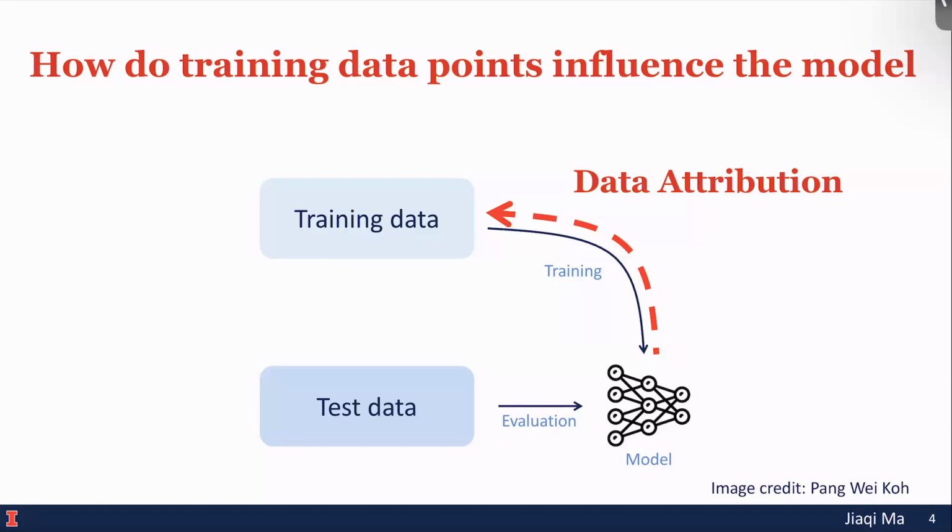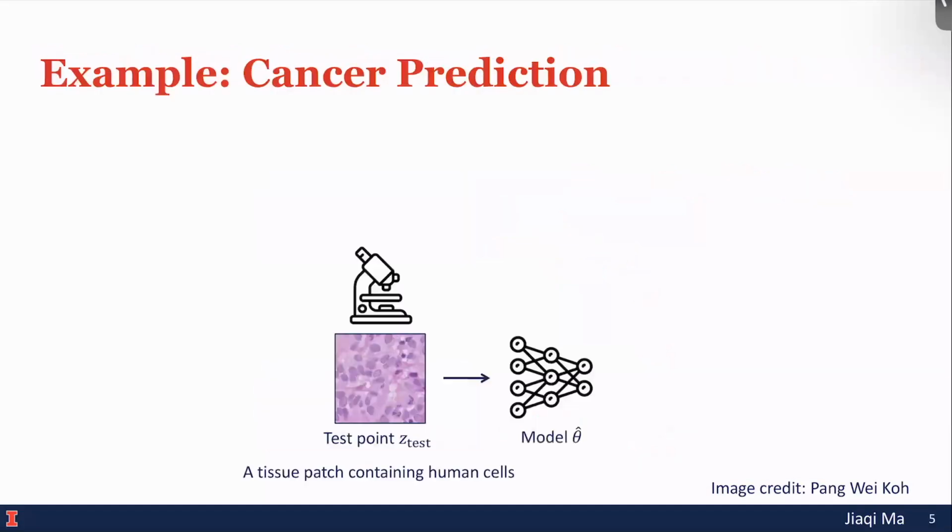Below, I'm going to give you a great visual illustration made by Conway Ko. Let's think about this concrete application scenario where we have a machine learning model making predictions on a tissue patch containing human cells.